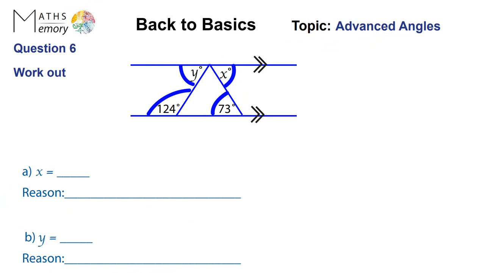Question 6, back to basics. Press pause. Let's try this question a bit more integrated this time, using what we've just learned. Press play when you are ready. So here we have a set of parallel lines once again, with a triangle within this set of parallel lines. Let's think about what we've just learned in the last few questions of back to basics. Our base is 73, bottom left.